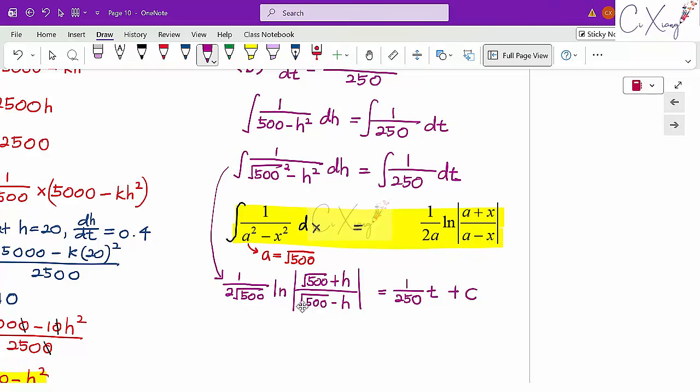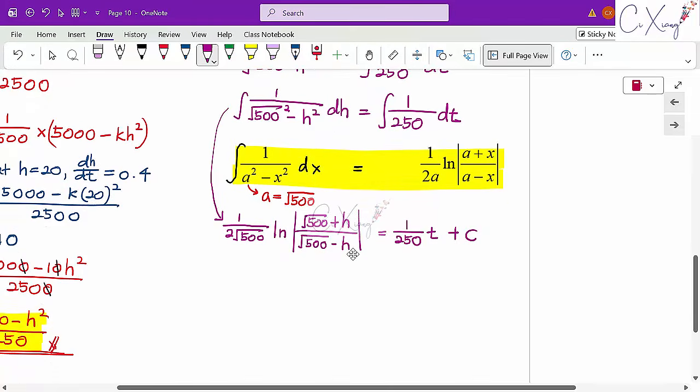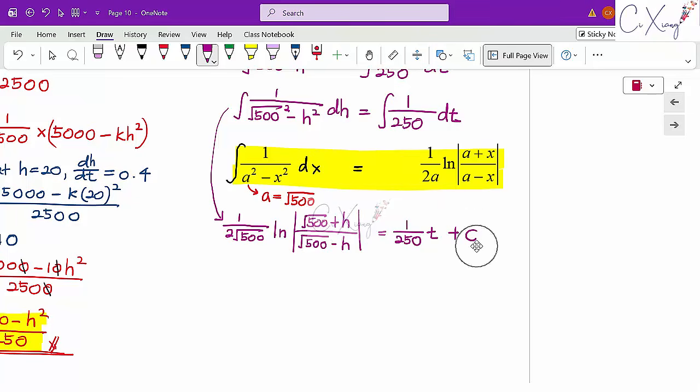Just to let you know, you are allowed to apply the formula directly from list MF19 for this particular integration. Then let's continue further. I need to get the value of the constant term C. Some students will ask, where should I put the constant term C? Should I put it on the left or on the right? Basically, you can put it on either side, but we only put it at one side.